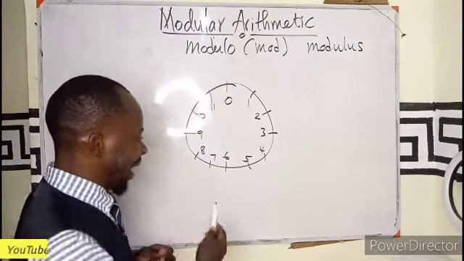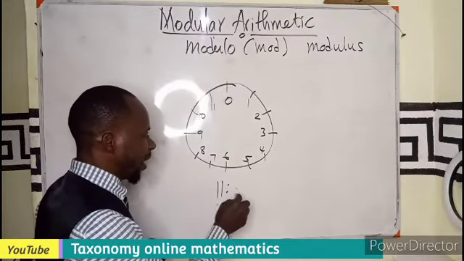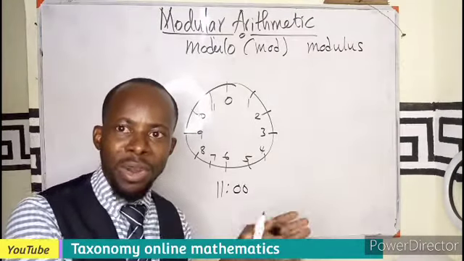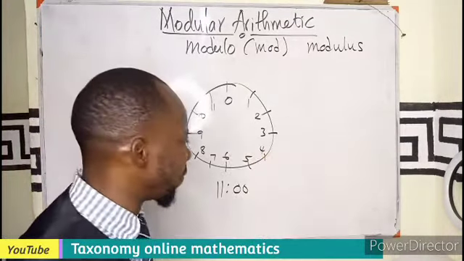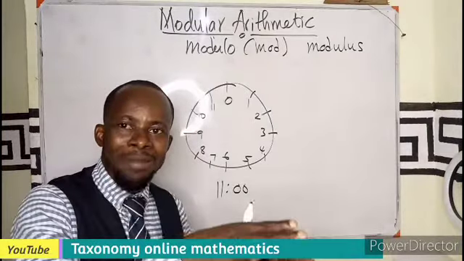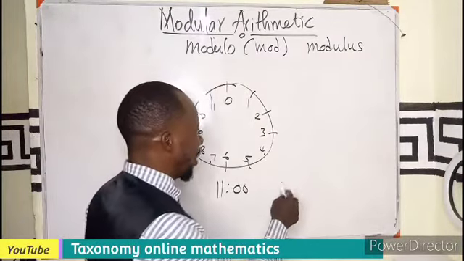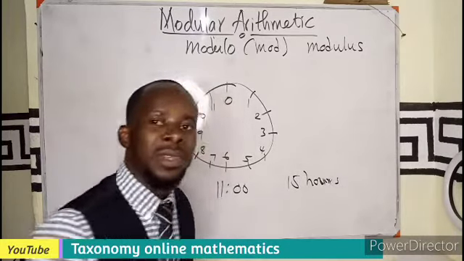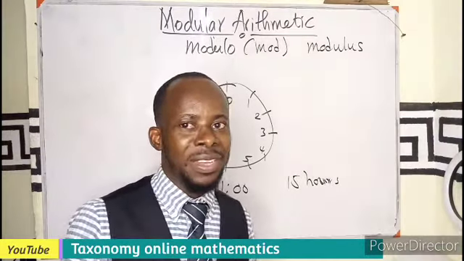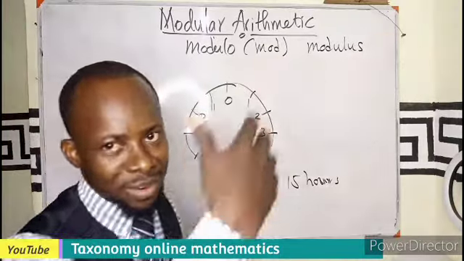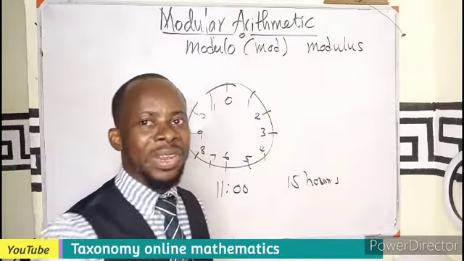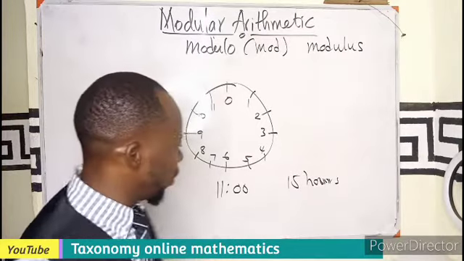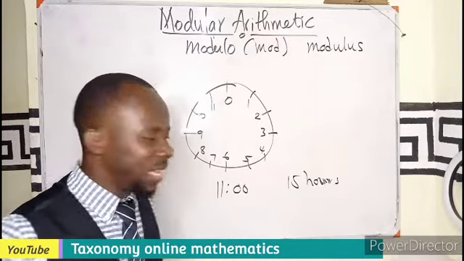So if I say the time, let's say right now it is 11 o'clock, regardless of whether it is morning or evening. Good. Now I want to find the time that it will be in, let's say, 15 hours' time. Let's say you are taking a flight, you want to go to a far away distance, and you know it will take you about 15 hours. So your time of departure is 11.